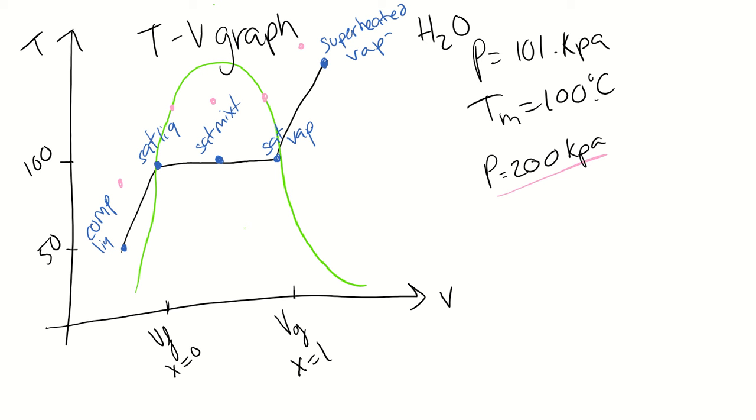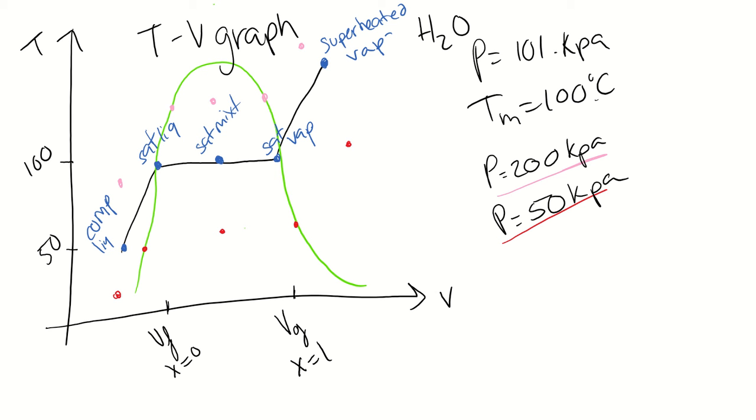And if we decrease the pressure, it will shift down, and we'll have a larger specific volume variation, because at lower pressure, the variation of specific volume is larger.